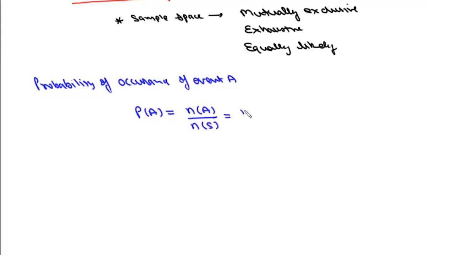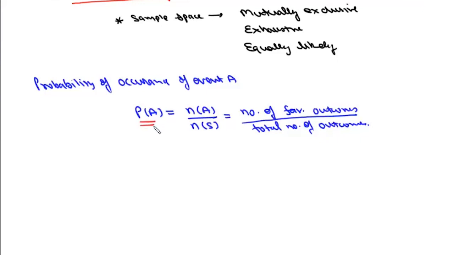So basically it is the number of favorable outcomes upon the total number of outcomes. So in the classical definition, assuming each sample point to be mutually exclusive, exhaustive, and equally likely, we can define the probability of occurrence of any event A as the number of outcomes favoring this event A upon the total number of outcomes, which is simply the number of elements in this event set upon the number of elements in the sample space.